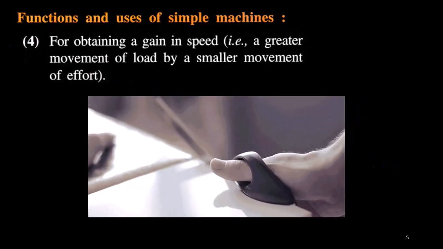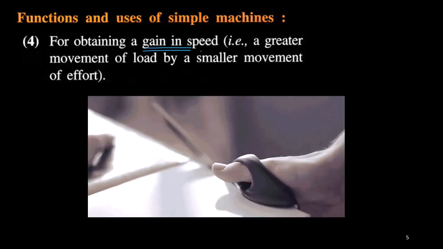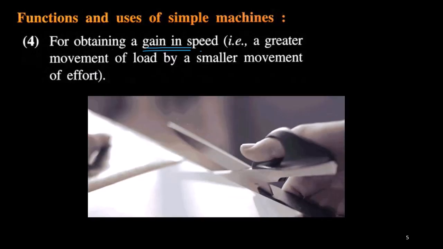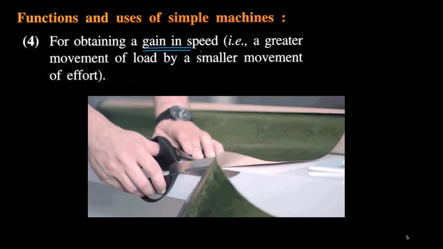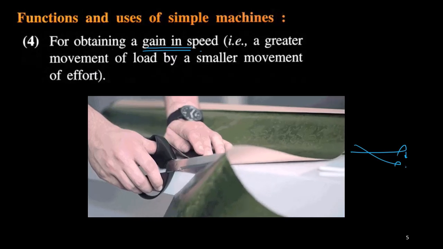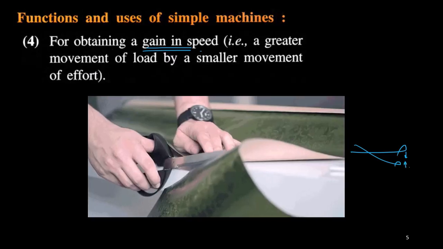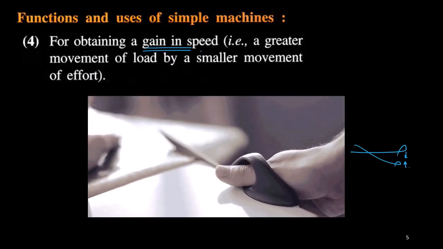Now, to gain in speed, that is the velocity multiplier. In this situation, the scissor is also a kind of machine. Once I am applying the force, let us say this is the scissor point. I am applying the force in this position. So this is the effort. Now with this effort, initially it is difficult to cut the paper.